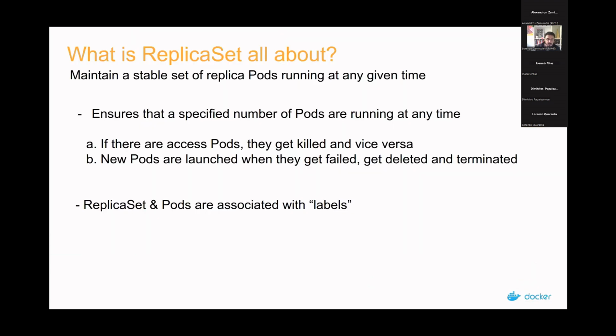As I said, it's important in terms of cloud computing and the management of microservices to maintain a set of replicas, or to specify the minimum amount of replicas that a microservice should have, or also the maximum amount of replicas. Just options, settings, parameters that we can add. So we have to ensure that the number of pods is running at any time.